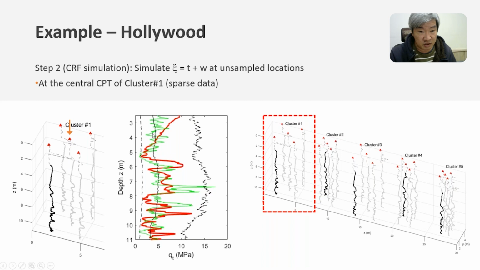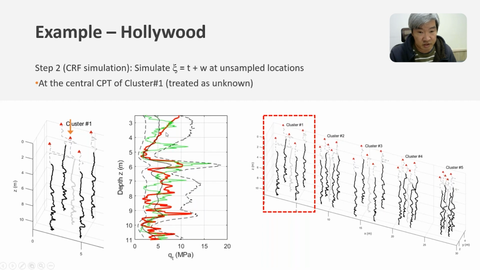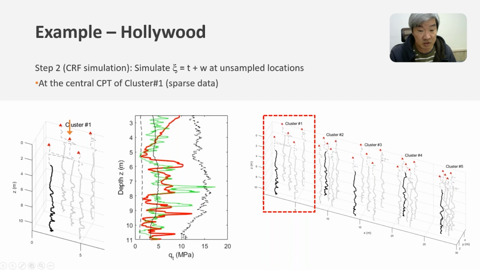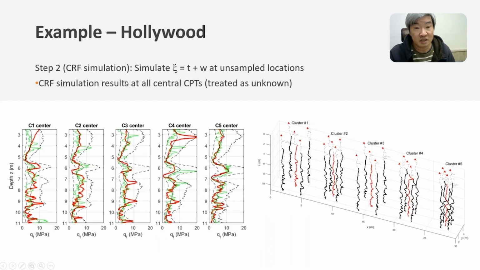What happens is that the width of your 95% confidence interval will become larger. And this kind of makes sense, because now you have fewer nearby CPTs, you have sparse sounding. So it is reasonable that in this case, the uncertainty level grows.